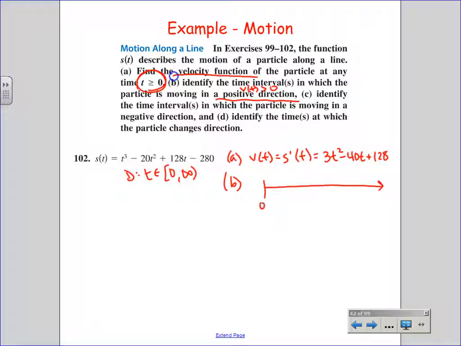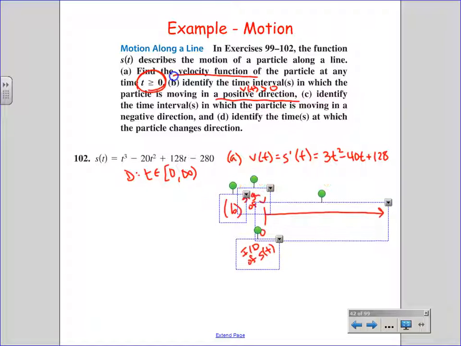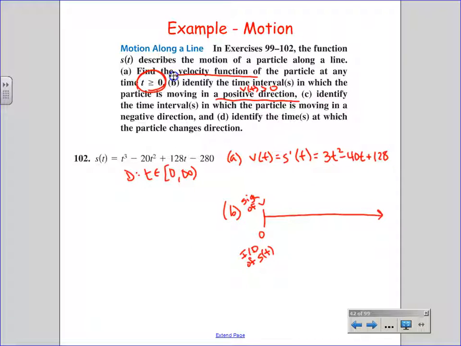This is what we do when there's like a limited domain. But wait a minute, to do a sign chart, to figure out the signs of velocity, aka the increasing, decreasing of position, don't I need some critical numbers first? Even though they didn't tell me to do it.